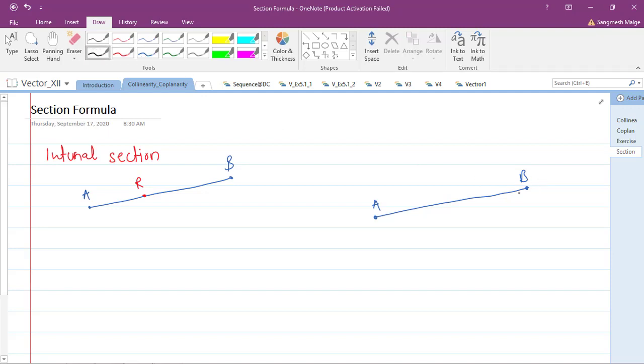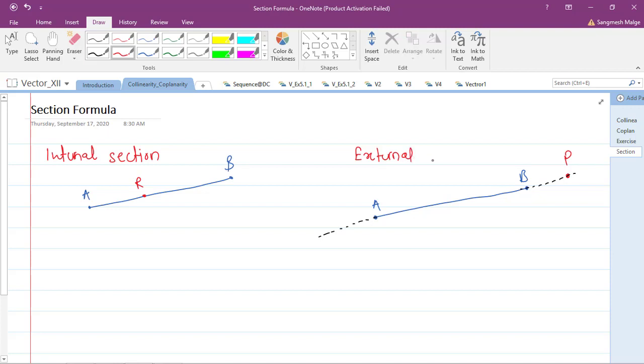What I mean is, if I extend this line AB on both sides, and the P lies outside the segment AB, the important thing is that P should lie on the line AB after your extension.